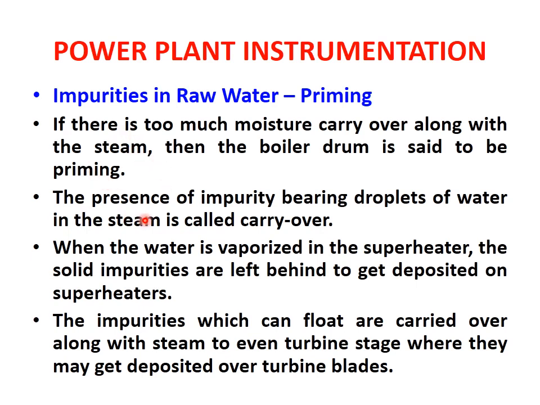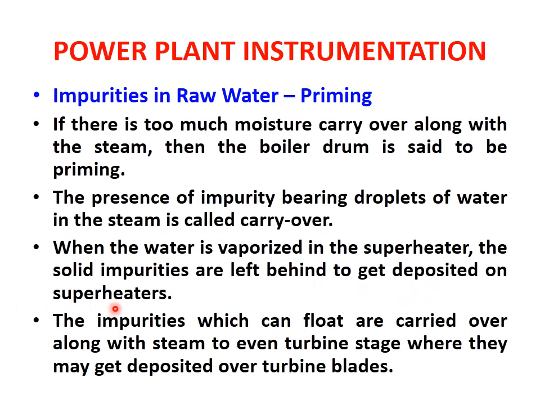So that moisture content will cause the boiler drum towards priming, and this can be regarded as the impurity in raw water. The presence of impurity-bearing droplets of water in the steam is called carryover.